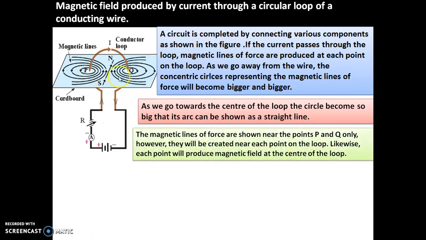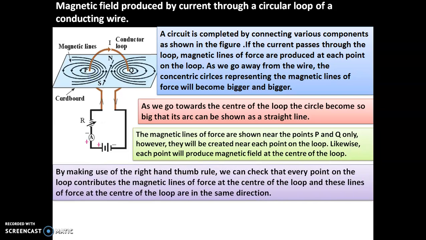As I told you, in the diagram it is shown at P and Q, but it is produced at every point. By making use of the right hand thumb rule, we can check that every point on the loop contributes magnetic lines of force at the center of the loop, and these lines of force at the center of the loop are in the same direction.